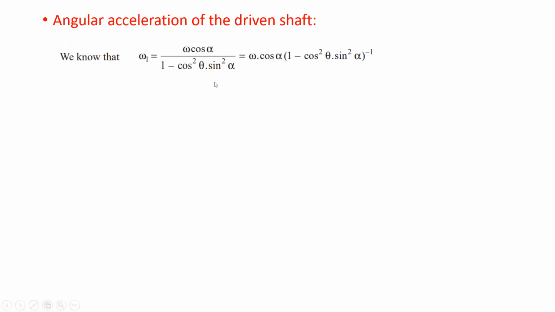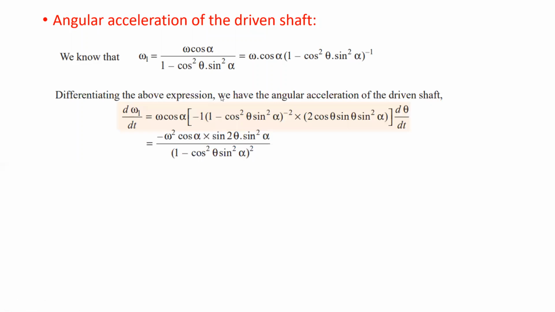Whatever formula you obtain from differentiating this expression is your expression for angular acceleration. If you differentiate it, omega is constant and cos alpha is constant, so they are kept out. Theta is a function of time, so it is differentiated: power minus 1 becomes minus 2, with minus 1 here.